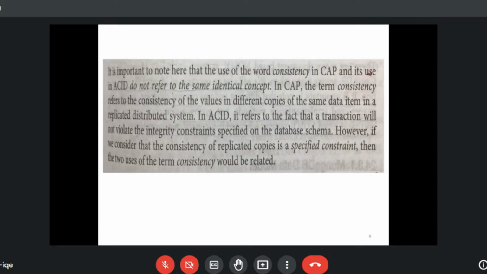Here, one important thing is that when we say ACID properties are satisfied, then we say consistency constraint.